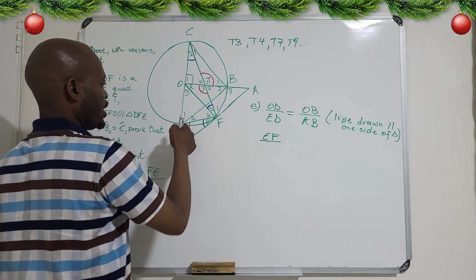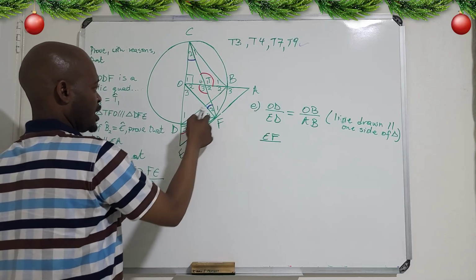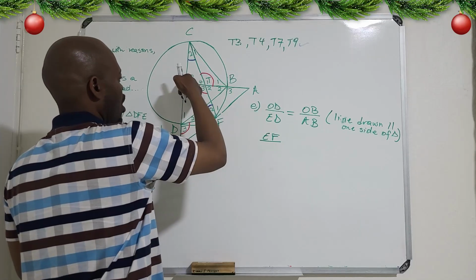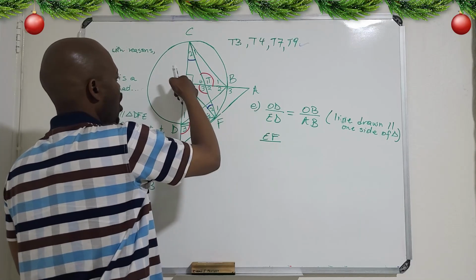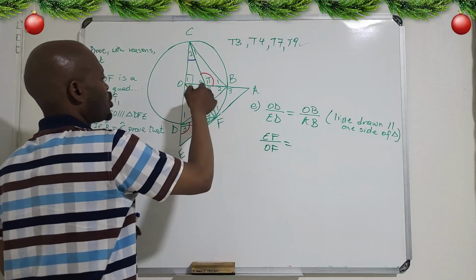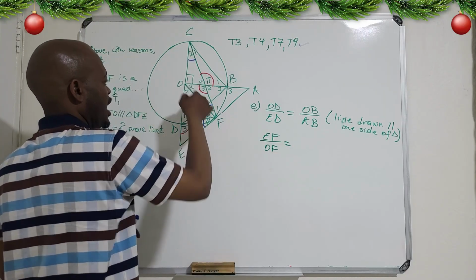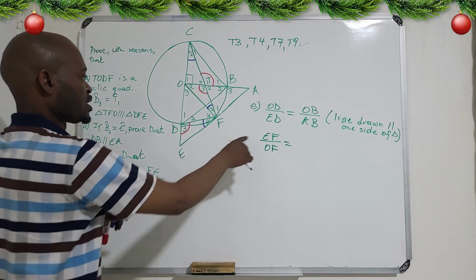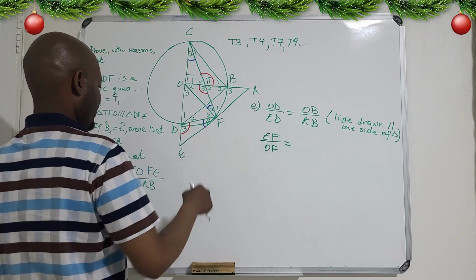EF is opposite this angle in this triangle over OF, which is opposite this angle in this triangle, is equal to, we've just found our EF or FE.